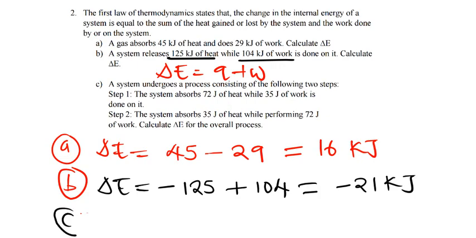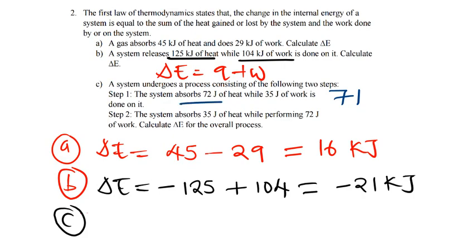And then finally C, what do you see there? Step 1, the system absorbs 71 joules. So absorbing is what? Gain. So that would be positive 71 joules of energy, and then 35 joules of work is done on it.